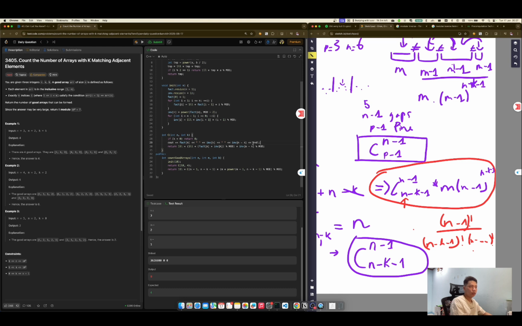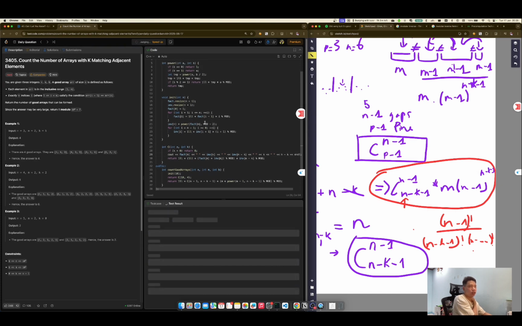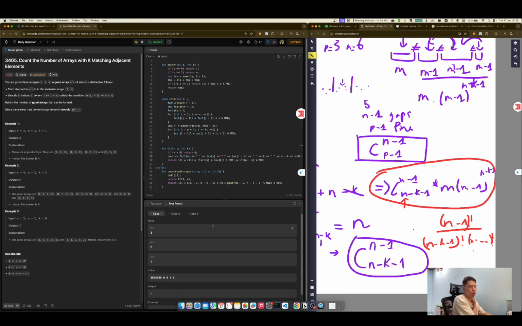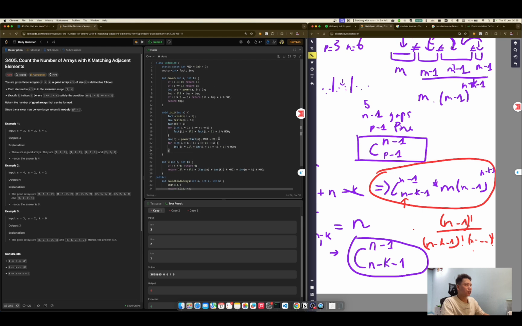Okay, the inverse array was wrong. The wrong part is from the inverse. Let me calculate this again. It's right, it's right. It shouldn't be right.